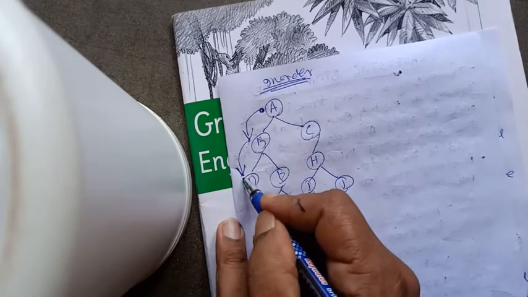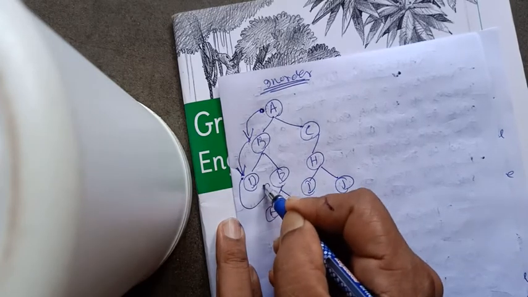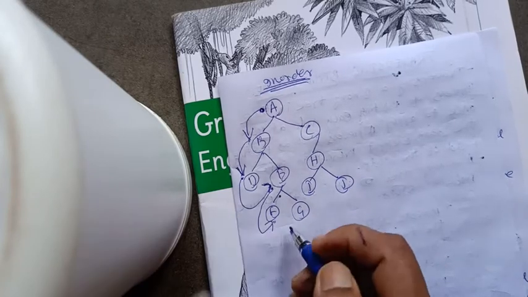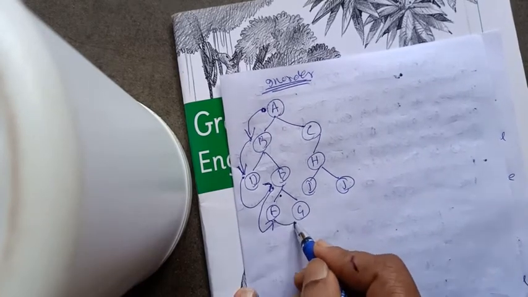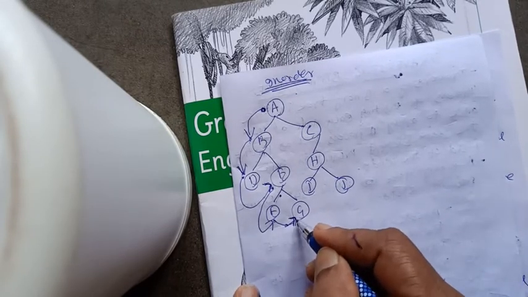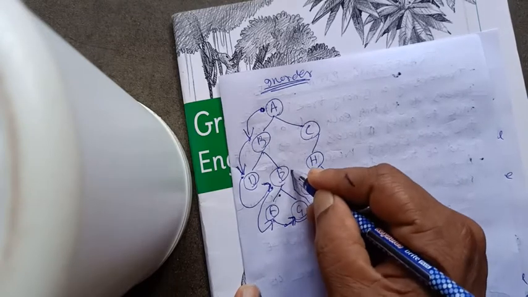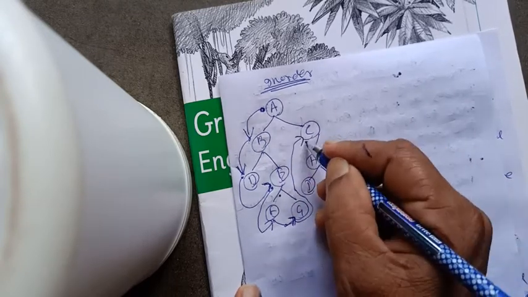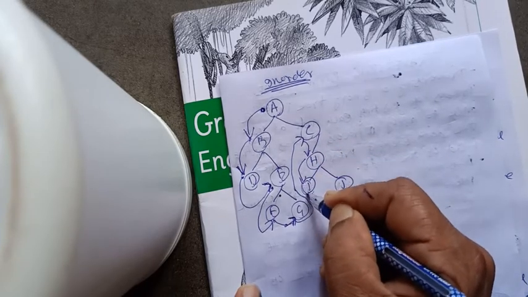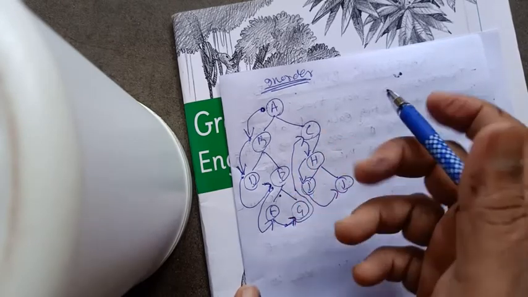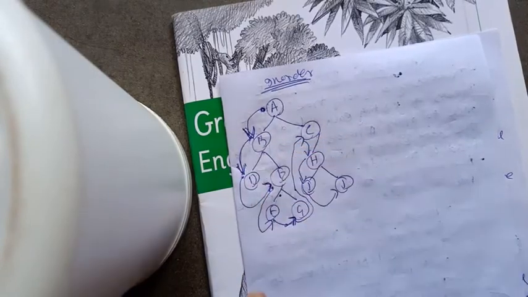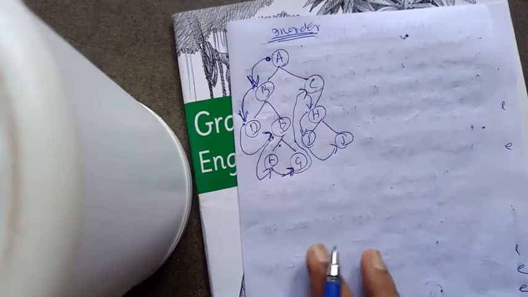Okay. After processing D, we shall process E, then we shall process F, then we shall process G. So I am giving this arrow mark to indicate the sequence, and then we will process C, then H, then I, and from I we will process J. So this is the sequence of nodes processing if we follow in order.